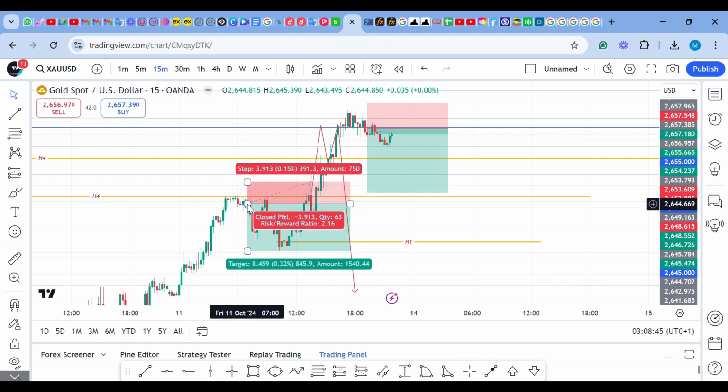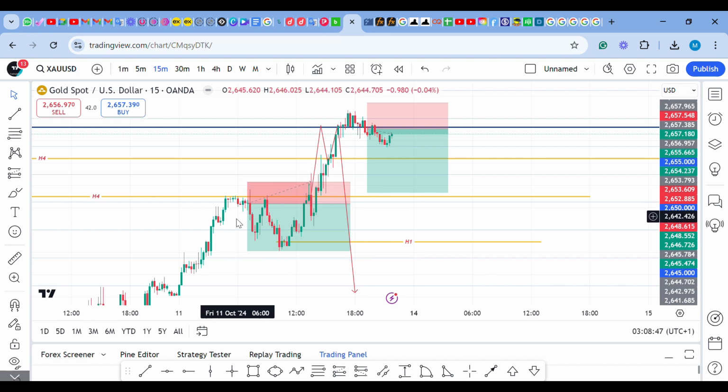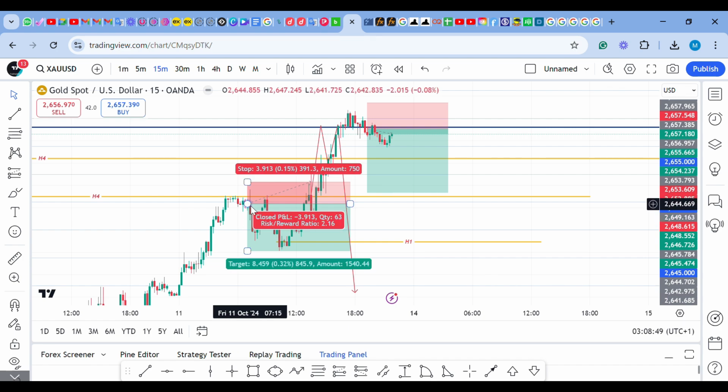The third confluence was based on experience, because I did not see any bearish reversal pattern from here before I entered, but based on experience, I knew with this multiple rejection here, we are going to sell from this point. So I entered here.